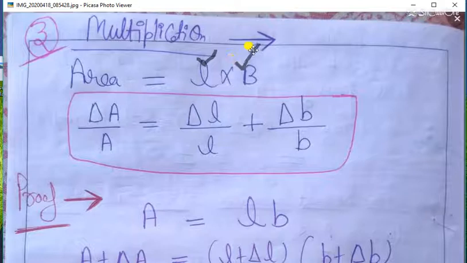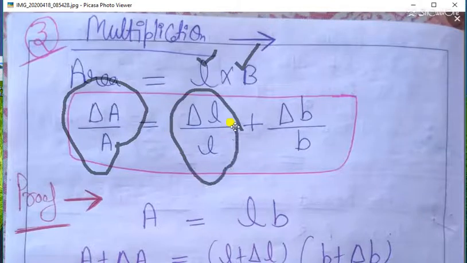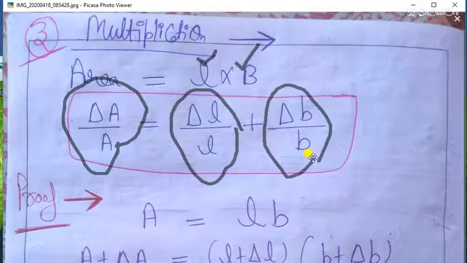Then in this case we get the expression delta A by A is equal to delta L by L plus delta B by B. This is the absolute error in area, this is the absolute error in length, and this is the absolute error in breadth.